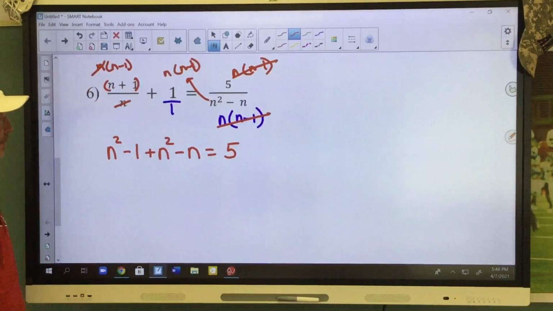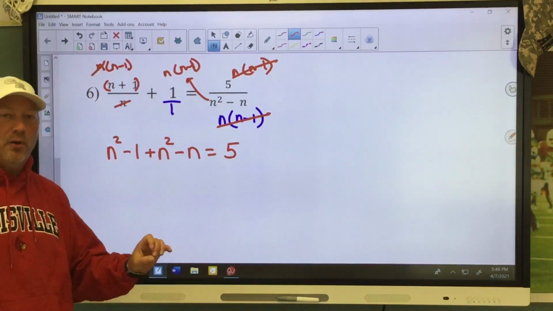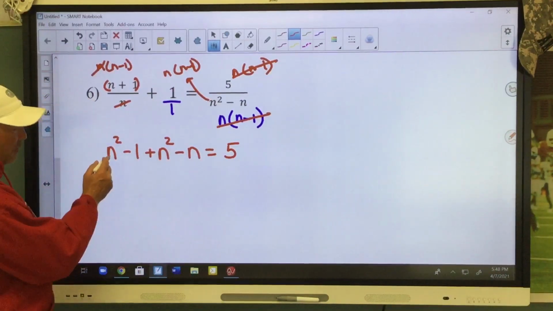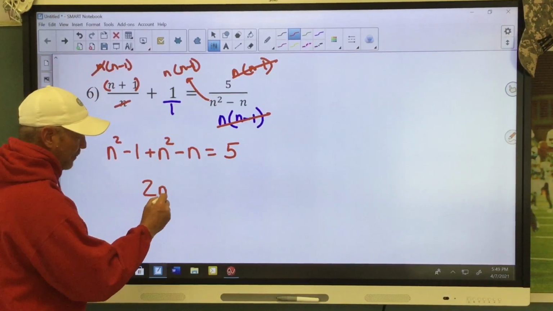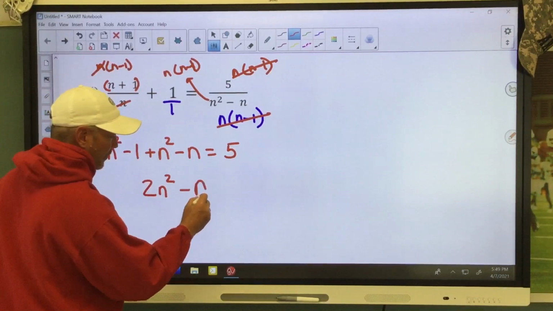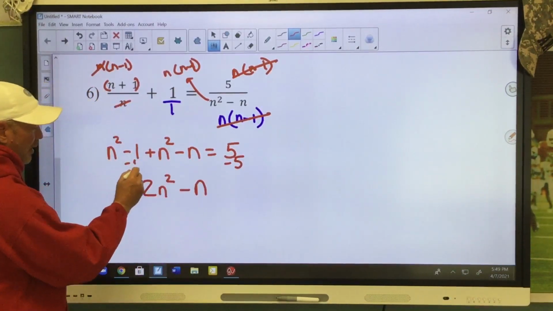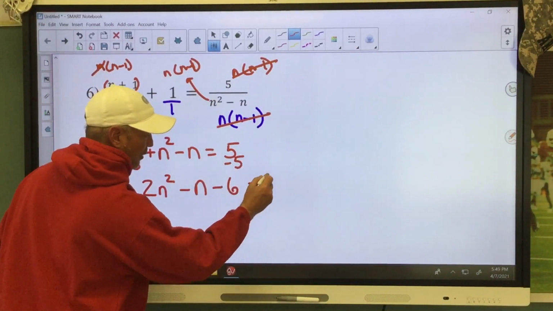Okay? So I'm going to move the 5 to the other side, get a 0 on one side, and then try to solve it. Okay? N squared plus n squared will leave me with 2n squared. I have a negative n, and when I move my 5, I get negative 6, and this equals 0.